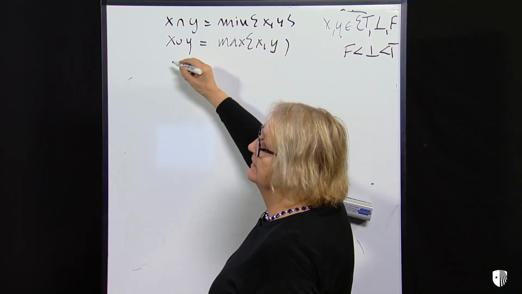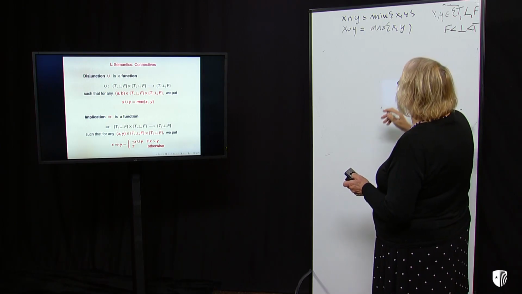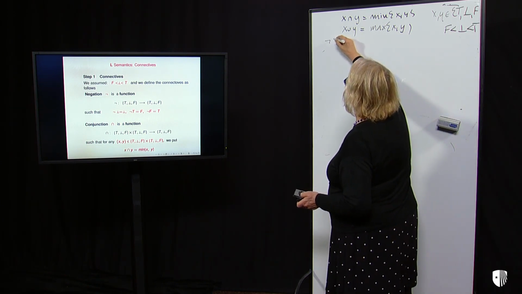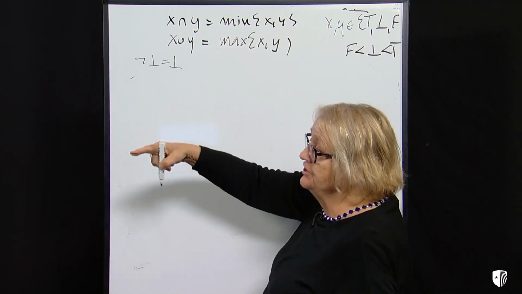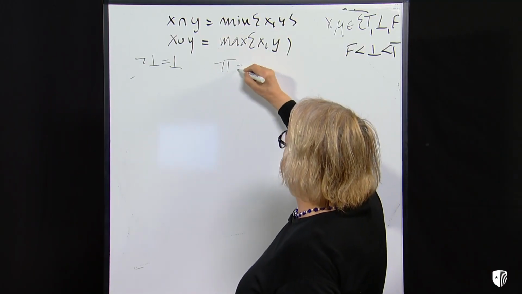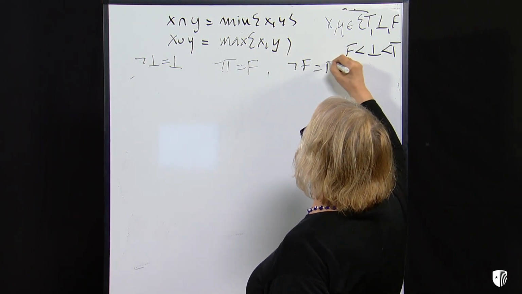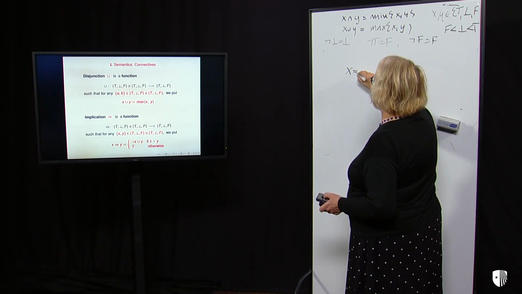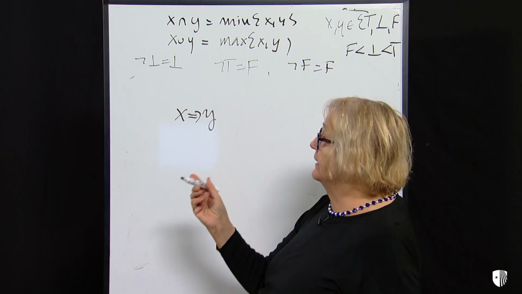And negation: we assume that the negation of unknown is unknown, and on T and F it is classical, so negation of T is F and negation of F is T. And now the implication. This is the definition of the connectives.